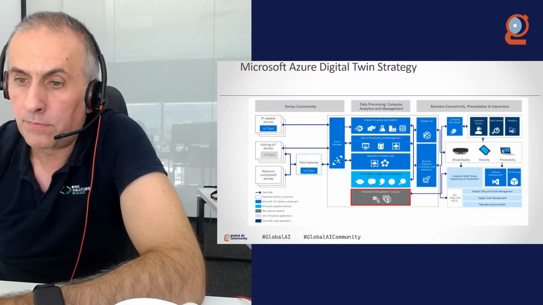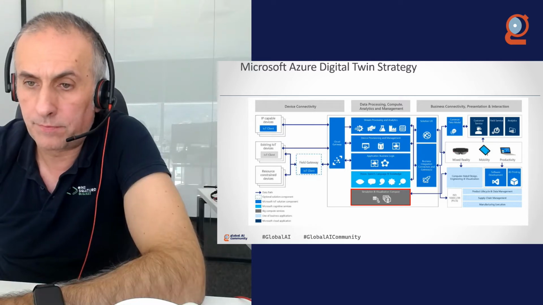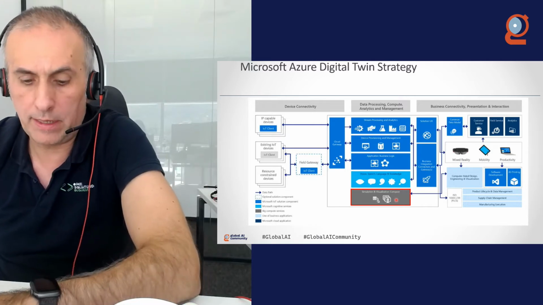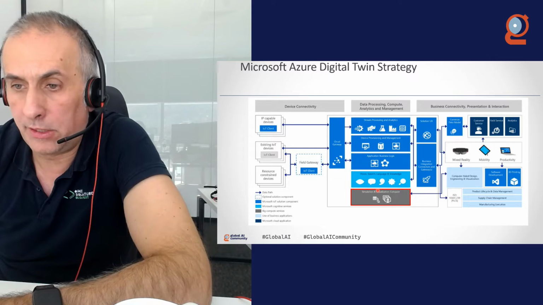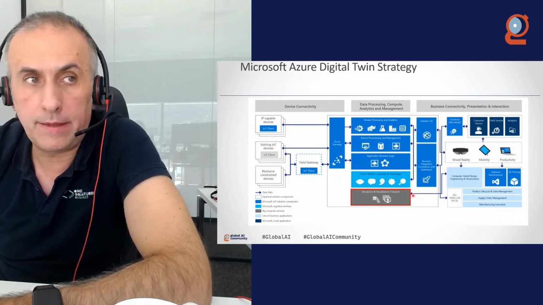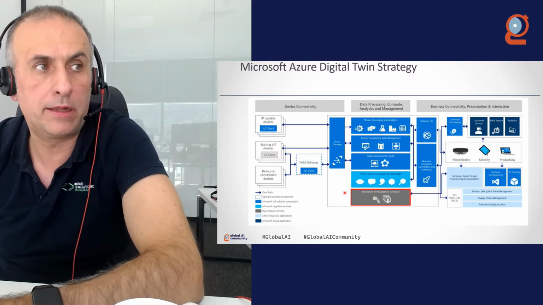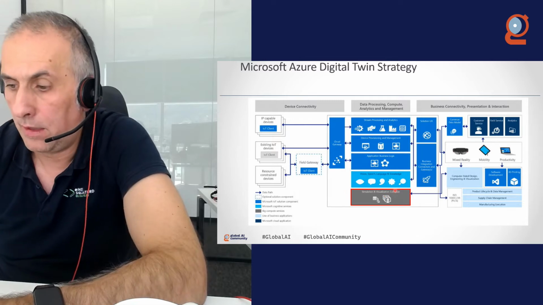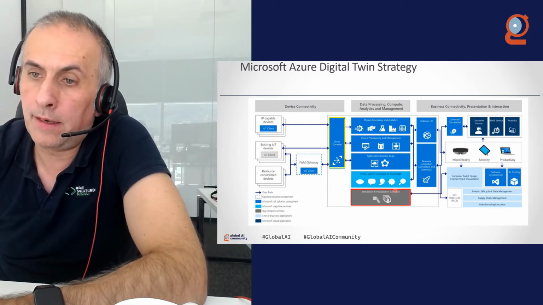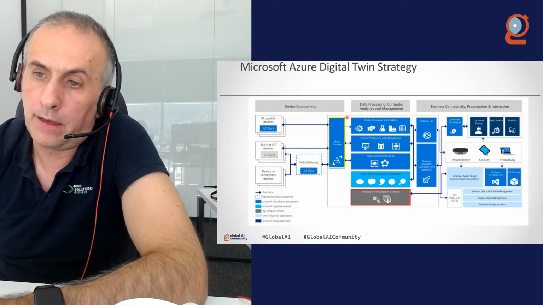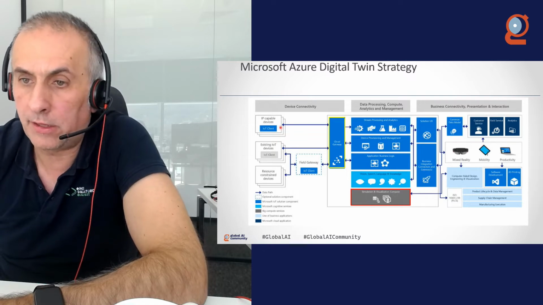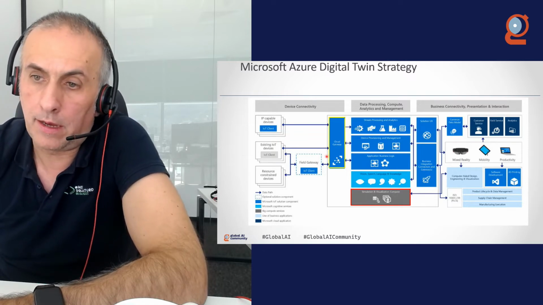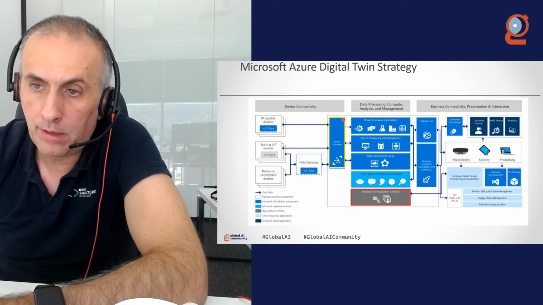In IoT solutions, we have several areas where we can use digital twins. One is related to simulation and visualization. Another one is related to gateway service or communication with devices. I consider here IoT Hub.